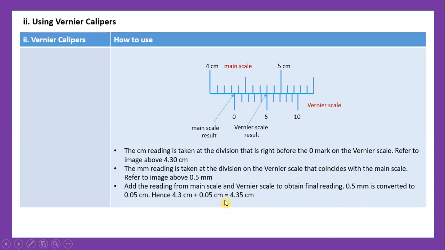It becomes the reading 4.35 centimeters. This is how you use and read the vernier calipers.